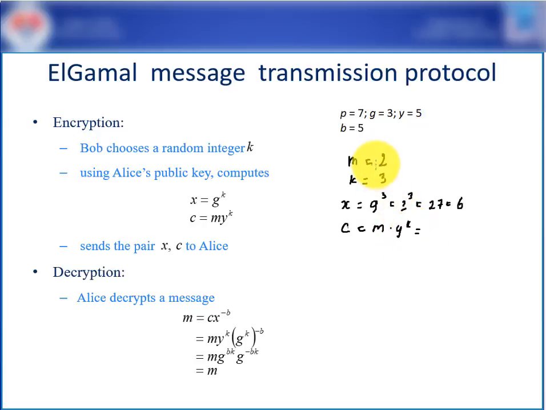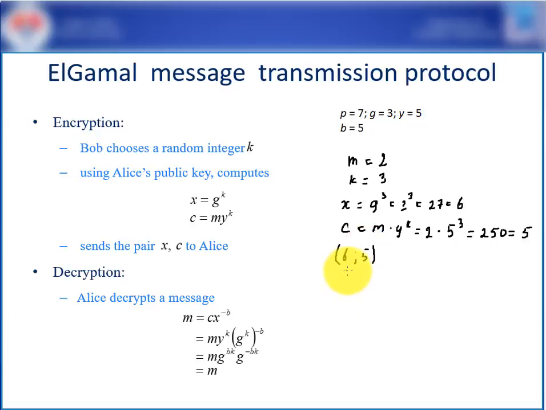Our message is equal to 2, multiplied by y, which is 5 to the power 3, which gives us 125. Multiplied by 2 is 250. Modulo 7, 250 is equal to 5. So Bob sends to Alice the pair 6 and 5.